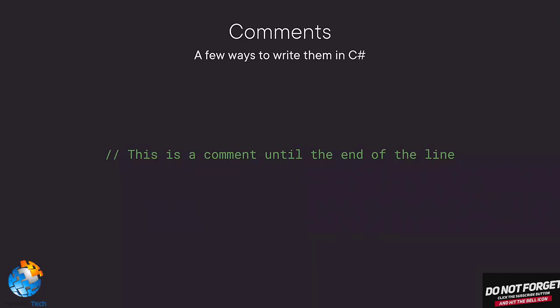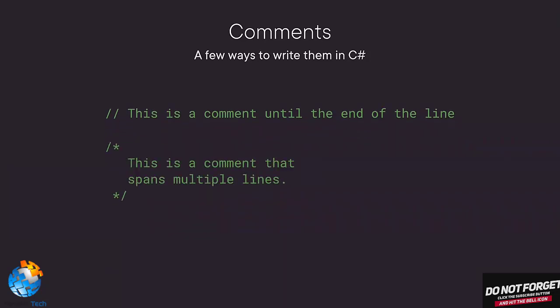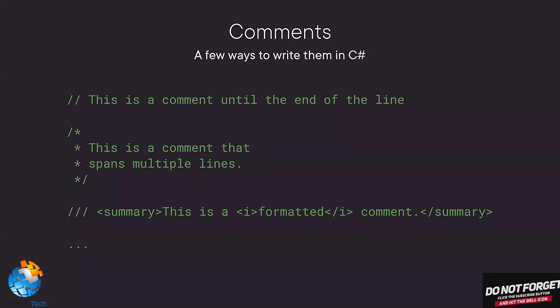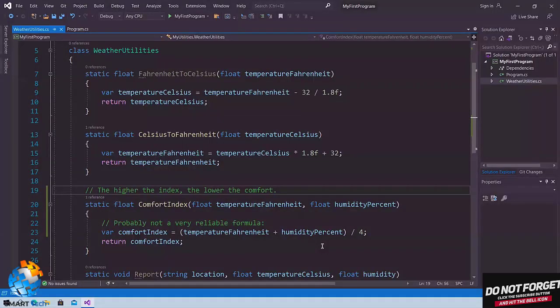You can write a comment that spans multiple lines, delimited by a /* sequence in the beginning and a */ sequence in the end. And many people also add a few more asterisks to make it look nicer. And you can also write comments with advanced formatting, used to generate documentation for classes and methods and so on. But double slashes are probably the most common way to comment code.